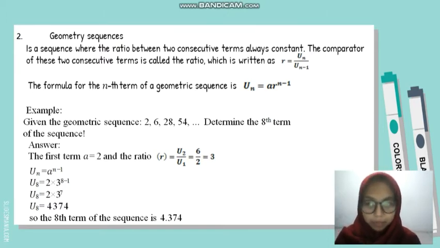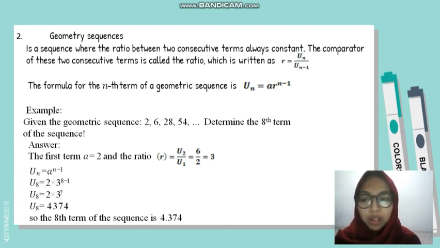Example: given the geometric sequence 2, 6, 18, 54, determine the 8th term of the sequence. The answer: the first term a equals 2, and the ratio r equals u sub 2 divided by u sub 1 equals 6 divided by 2 equals 3. And then u sub n equals a times r to the power n minus 1.